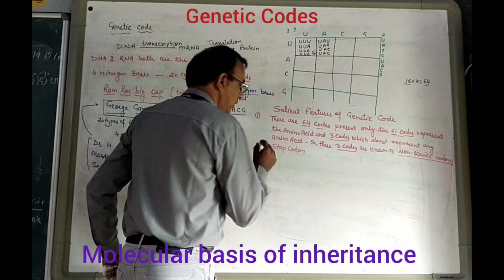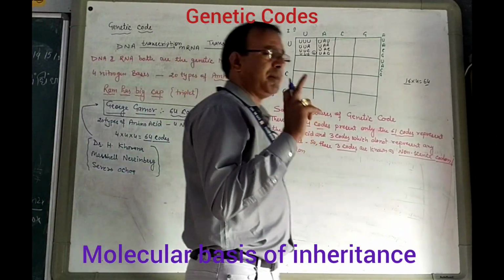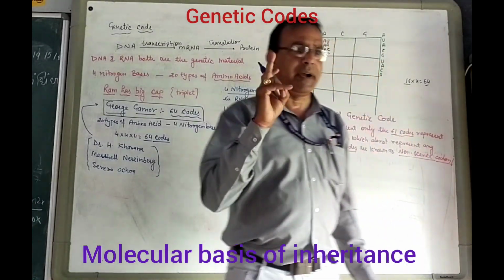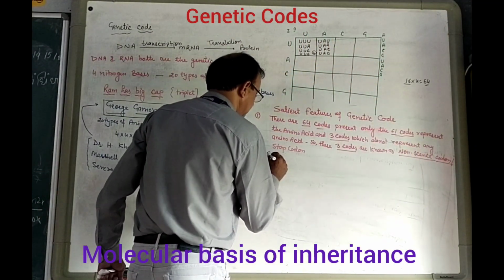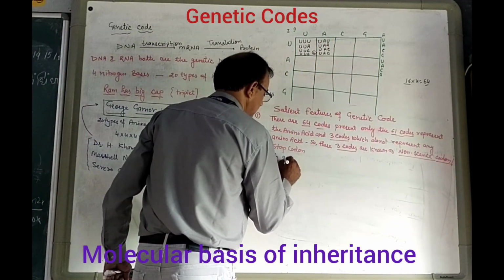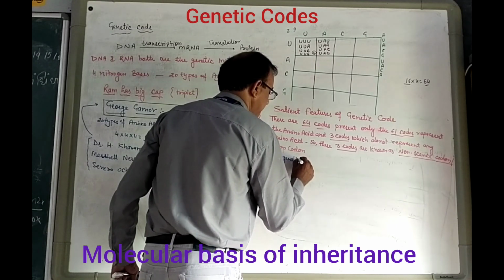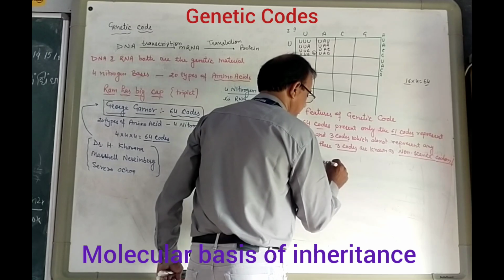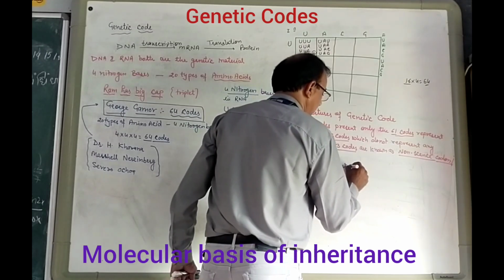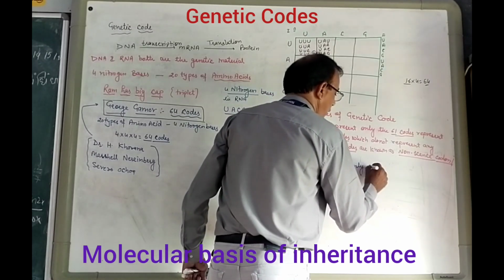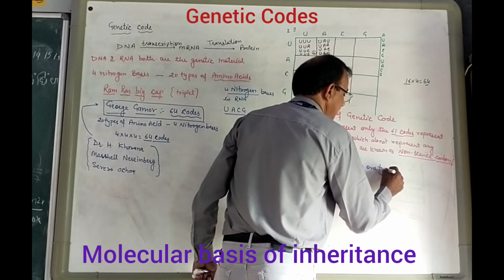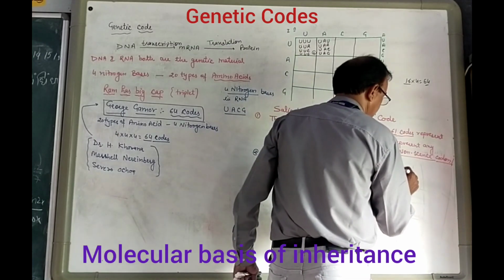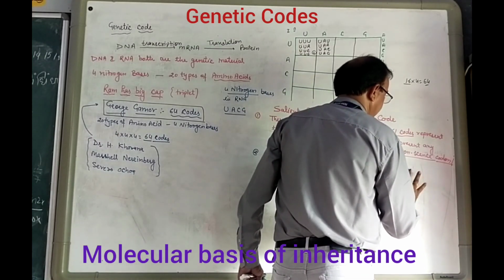Second one is each genetic code represents only one type of amino acid, not other.